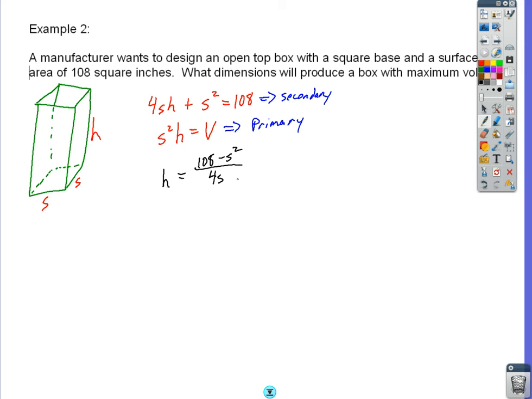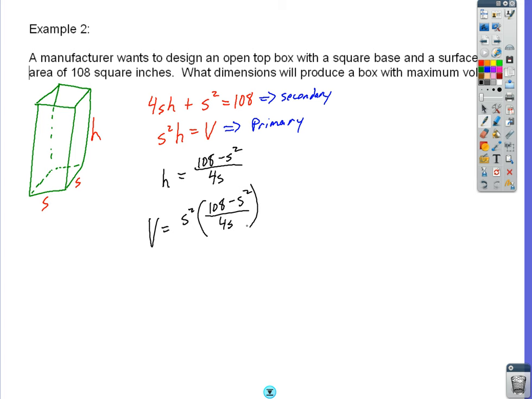And then I go ahead and plug it into my volume. So volume is now equal to S squared times 108 minus S squared all over 4S. There's my volume.